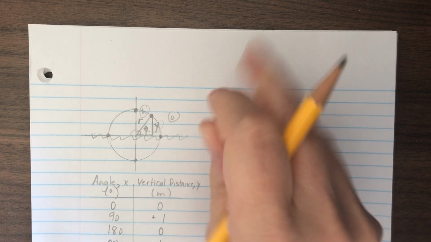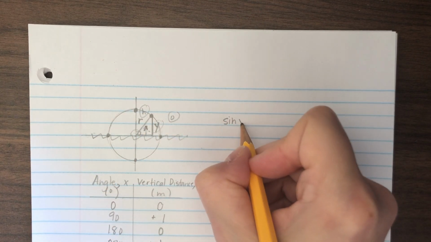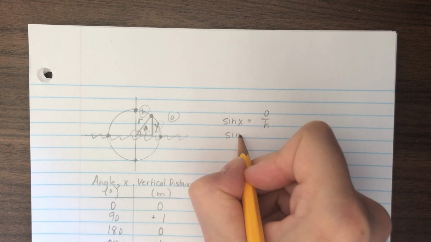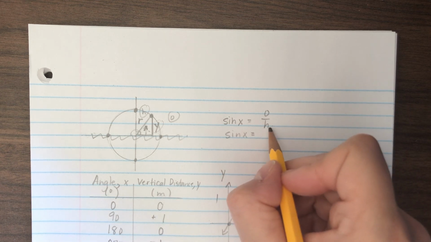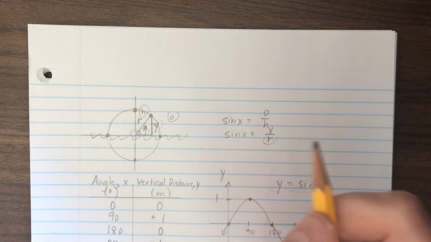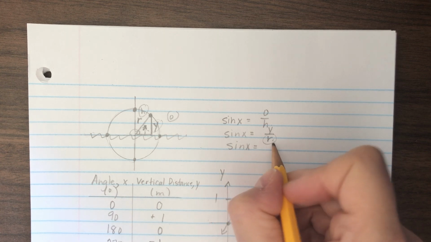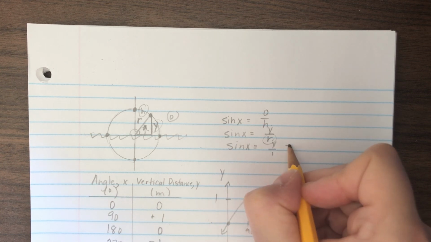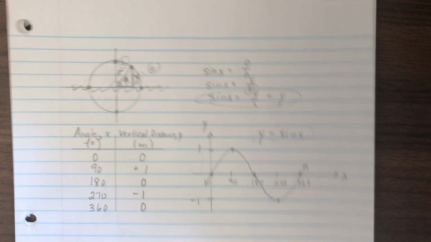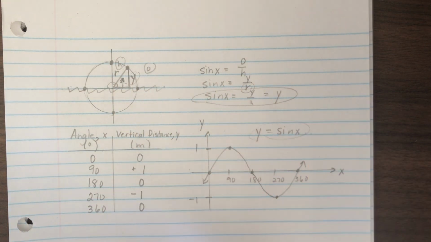So sine of the angle, and I'm going to change the angle to x here, is opposite over hypotenuse. Our opposite side is y, and our hypotenuse is r. But r in this case is equal to 1. The radius is 1. So I have y over 1, or just y. So the equation that represents Freddy's height would be y equals sine of x.